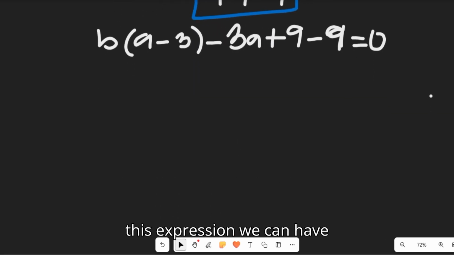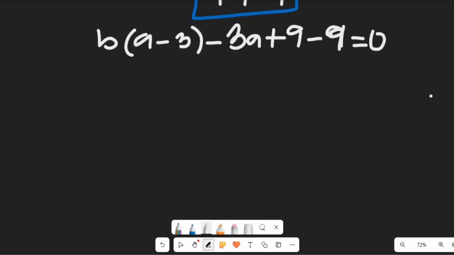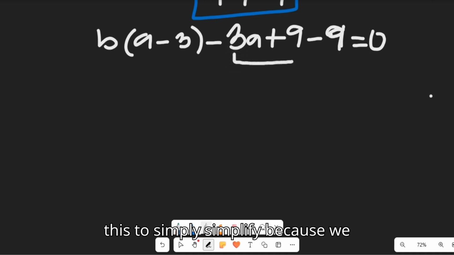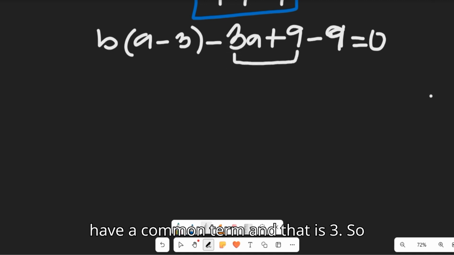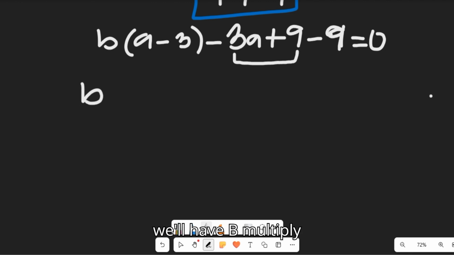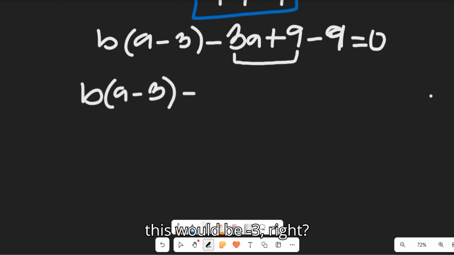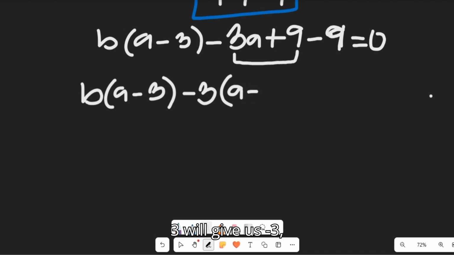Now from this expression, we can simplify because we have a common term, and that is 3. So we'll have b multiplying a minus 3, and then negative 3 is common: negative 3a divided by negative 3 will give us a, and negative 9 divided by negative 3 will give us negative 3, right?